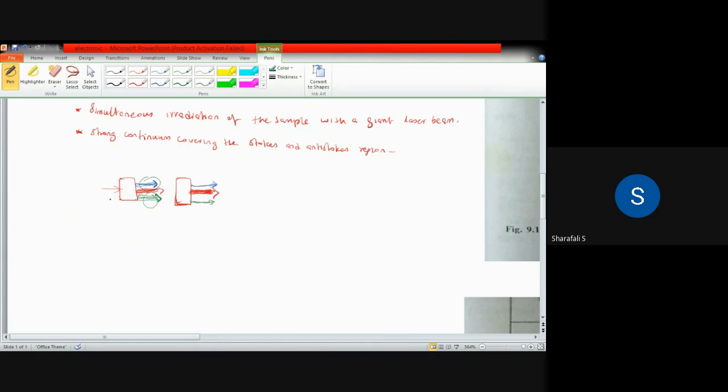If the number of photons is larger, the intensity will be large, which means the number of photons with frequency h nu 0 plus nu m is larger in this case. Same as for the Stokes line, the number of photons will be larger for the Stokes frequency line.